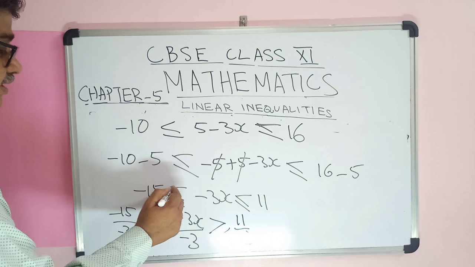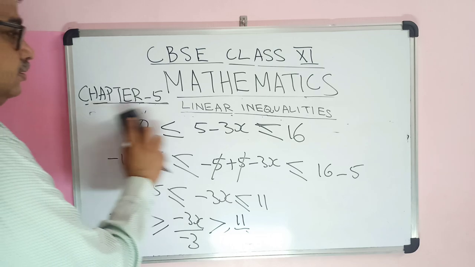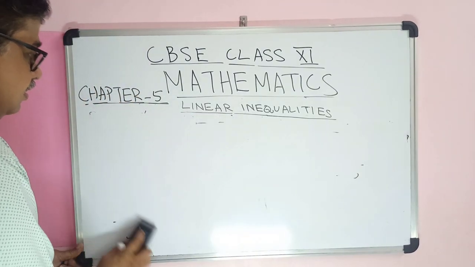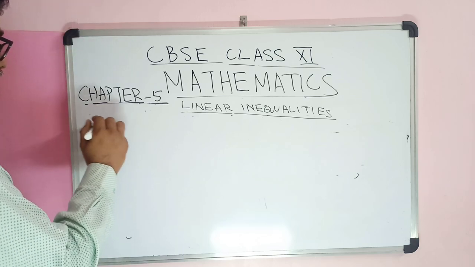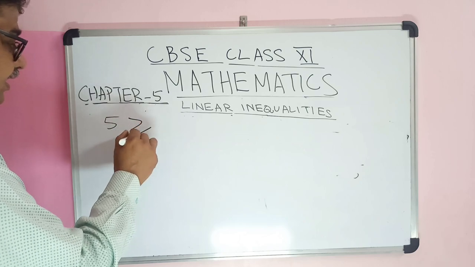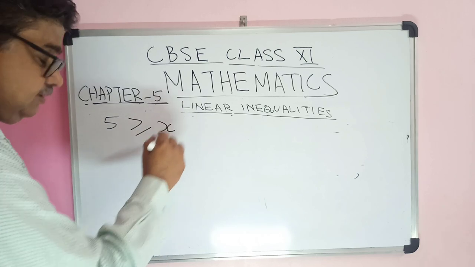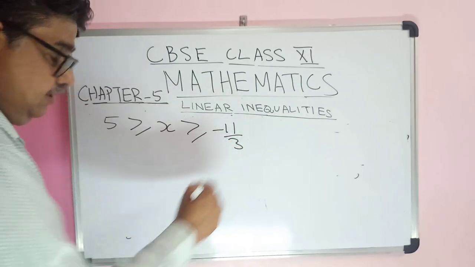So it becomes 5 greater than or equal to x greater than or equal to minus 11 by 3.